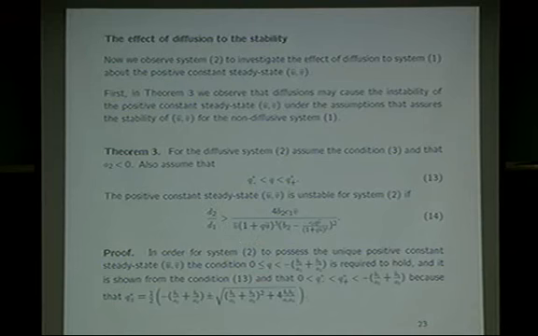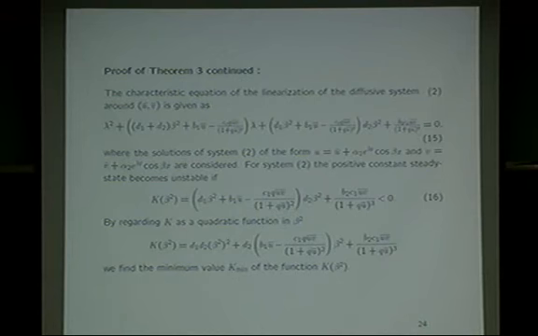Here we will use this form for the solutions of the diffusive system. Around the constant steady state U bar and V bar, we will consider a form of the solution having an exponential part and a cosine, and an exponential part and a cosine, for both U and V. We'll look at the sign of lambda for the exponential functions.